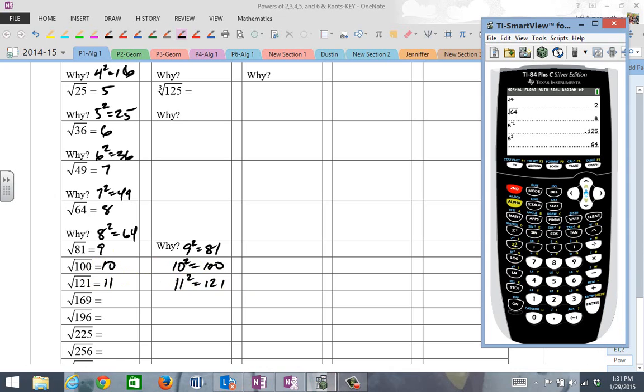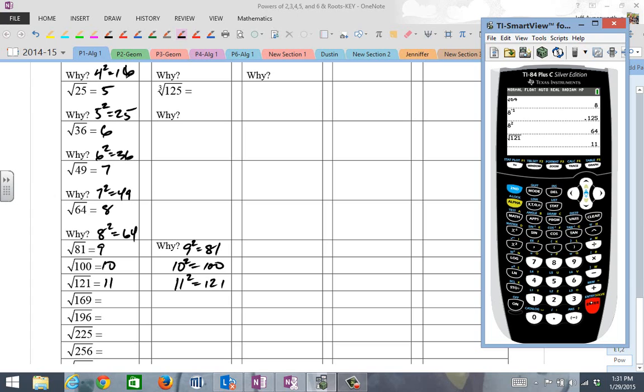Don't just sit there and copy everything. Figure it out. Use your calculator. You have one right next to you. Interact with this. You either do it by hand or use a calculator to generate all these numbers.